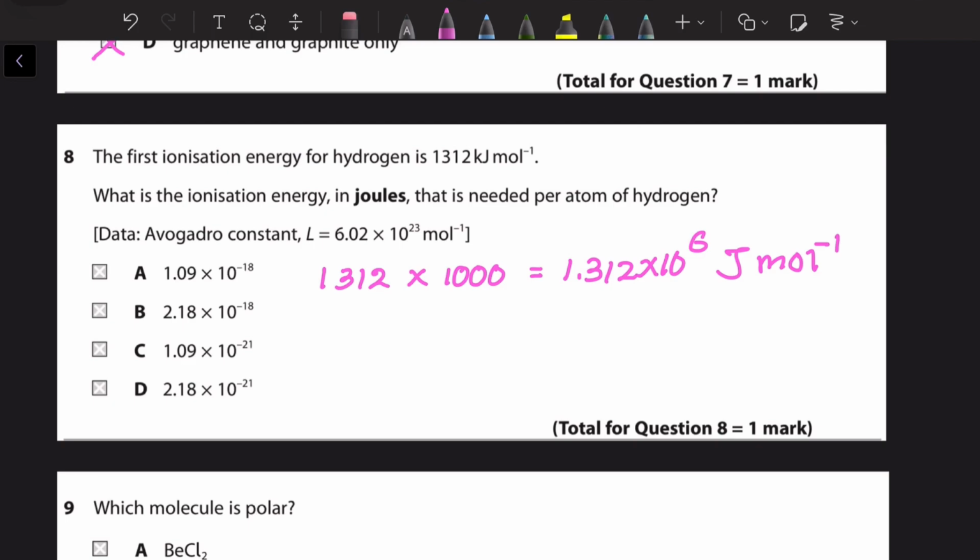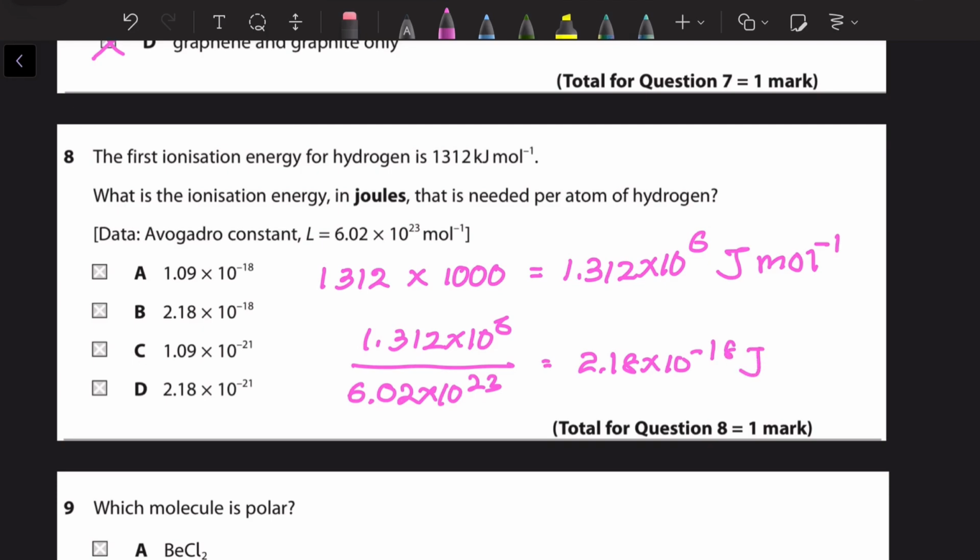So 1.312 times 10 to the power 6 over 6.02 times 10 to the power 23 gives approximately 2.18 times 10 to the power minus 18 joules. The correct answer is B.